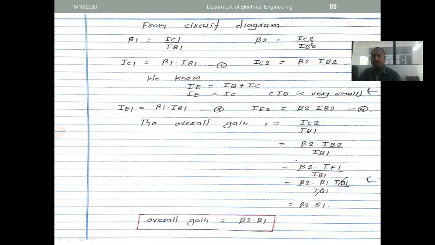Now to calculate IC2, we take IC2 on one side and IB2 on the other side, so divided goes to the other side as multiply. So IC2 equal to beta 2 into IB2. Okay, these are the two equations with respect to IC1 and IC2. So we know that collector current 1 equal to beta 1 into IB1, collector current 2 equal to beta 2 into IB2.